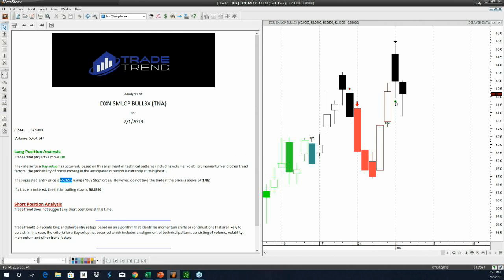So in this particular example, yesterday, July 1st, we had a buy setup, and it's telling us the suggested entry price is 65.32. So if we round that to the nearest whole number, and let me see there, I think there's half point strikes in the TNA.